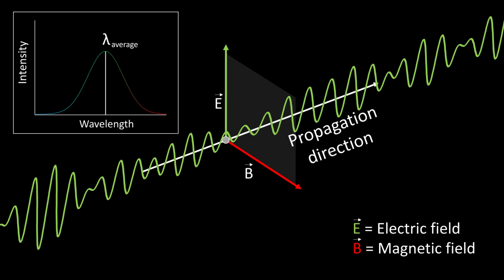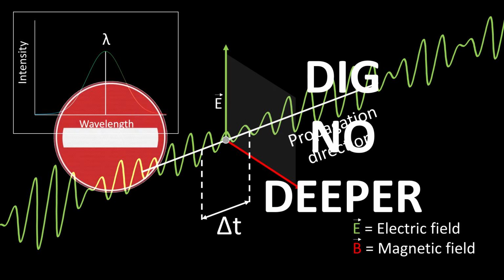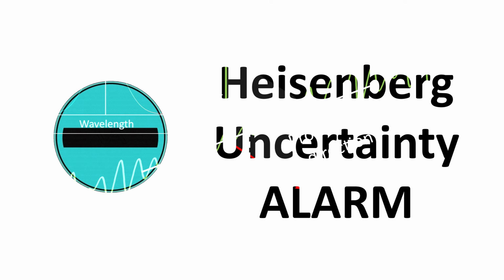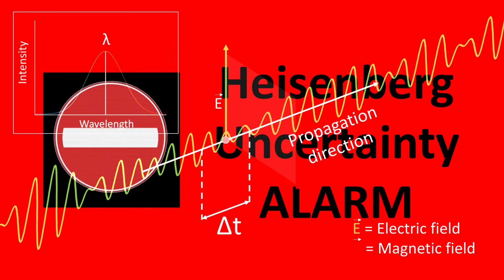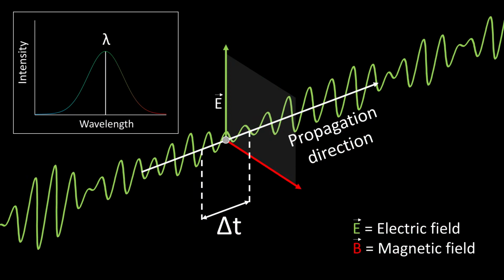But it's an illusion to think that you could actually measure all frequencies present by monitoring it for a very short time interval. Sorry about that. Anyway, the longer you monitor a wave, the more you can know about the spectral properties.